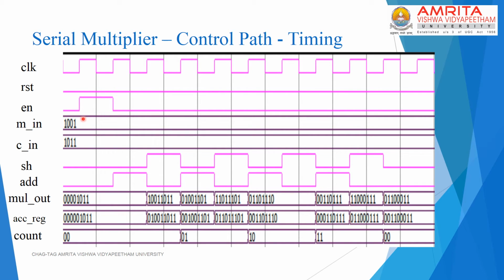For keeping track of the number of shifts, we need an additional counter. Since the nature of the generation of signals is sequential, we shall require a state machine for generating these signals. Obviously, the state machine will be triggered whenever the enable signal is asserted.